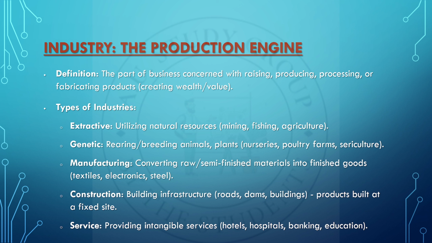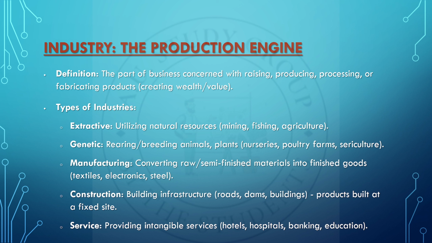Then there are genetic industries. Genetic means breeding plants or animals. Examples are farming, poultry, sericulture. Then there is manufacturing industry. Manufacturing means transforming raw material into finished goods, like manufacturing cars or making clothes.